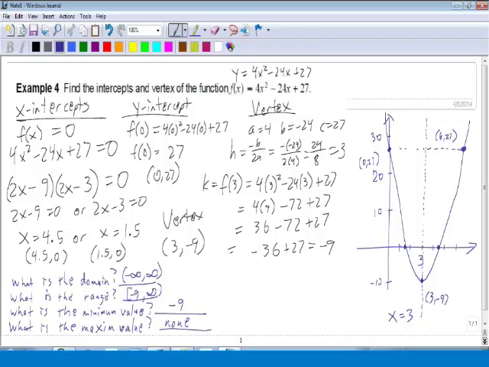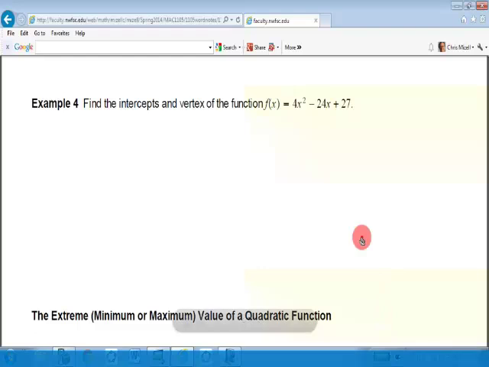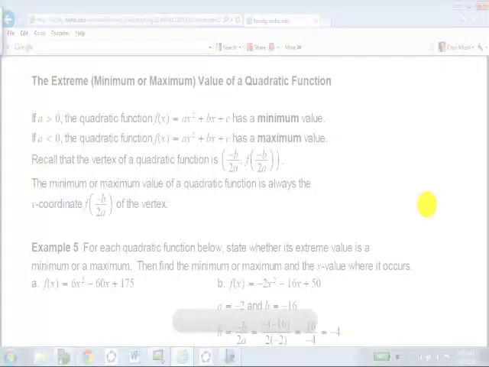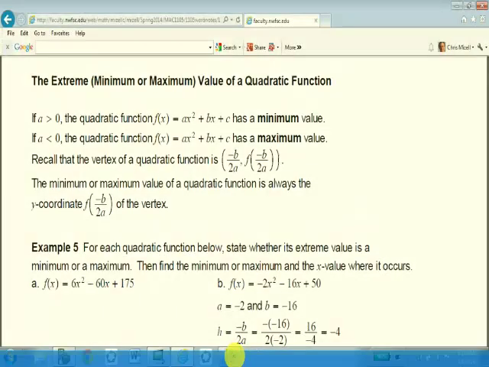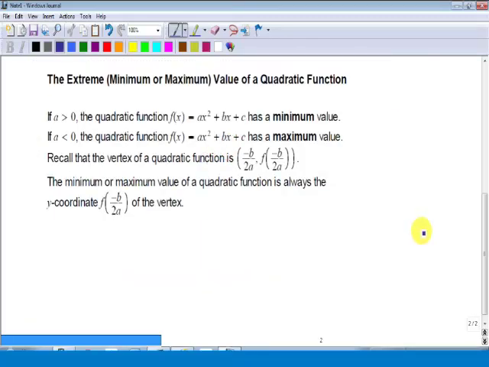In general, when we look at these quadratic functions, either the graph will be a parabola that opens up, or a parabola that opens downward. So they'll have a lowest point or a highest point. In either case, the coordinates of that point are going to be negative b over 2a, f of negative b over 2a.